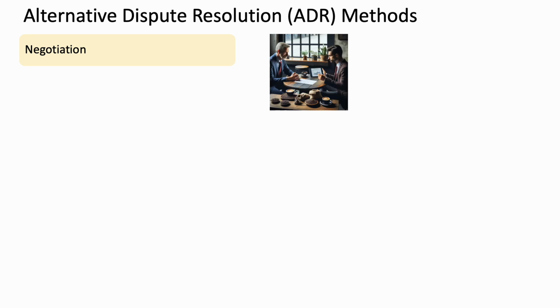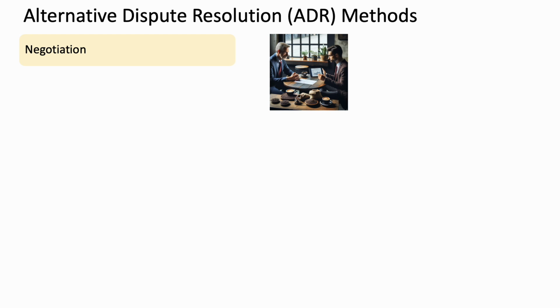First method is negotiation. Coffee shop owners may negotiate privately to find common ground regarding contract termination reasons. For example, if a coffee shop decides to terminate a supplier contract due to quality issues, negotiation could involve discussing compensation terms or finding an alternative supplier.